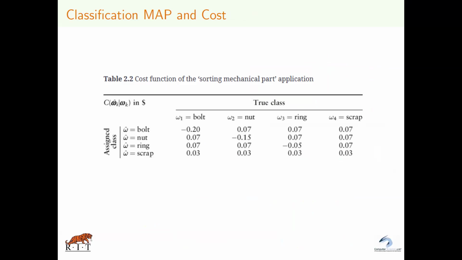For example, if our model misclassified the bolt, then the cost will be increased by 0.7. If it misclassified the ring, let's see, no, it's the same. Well, but it reduces differently.